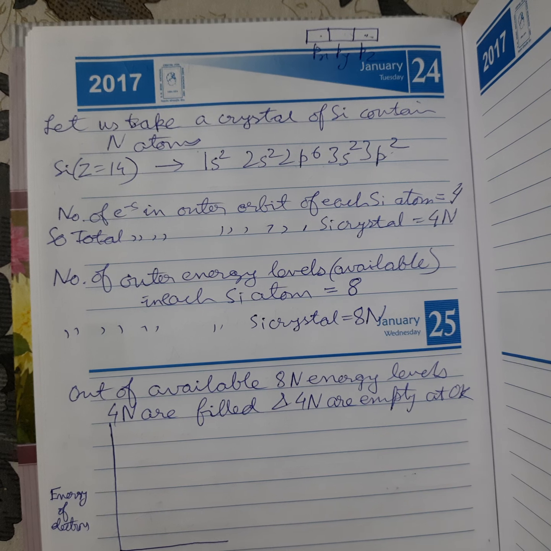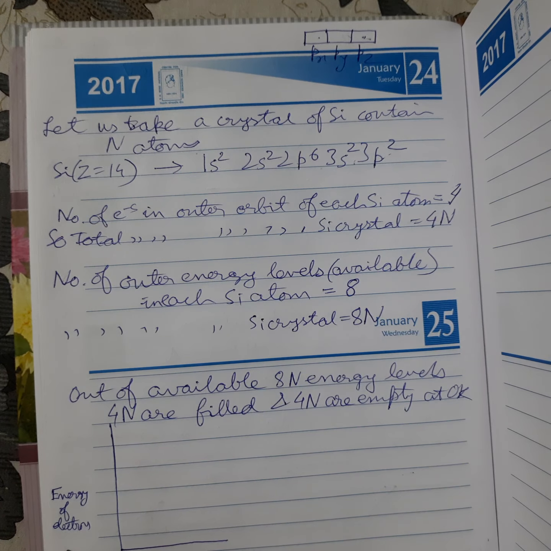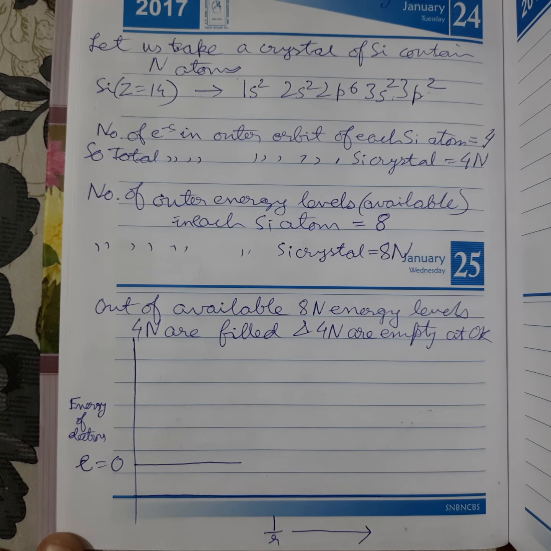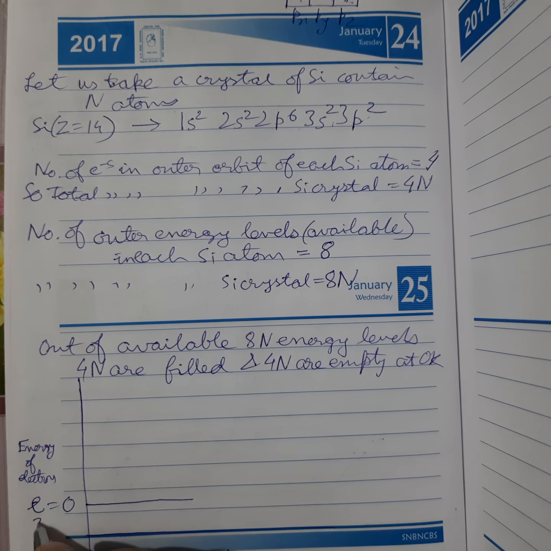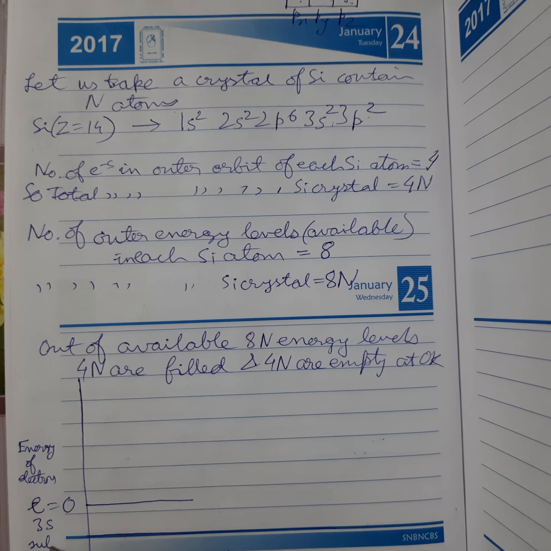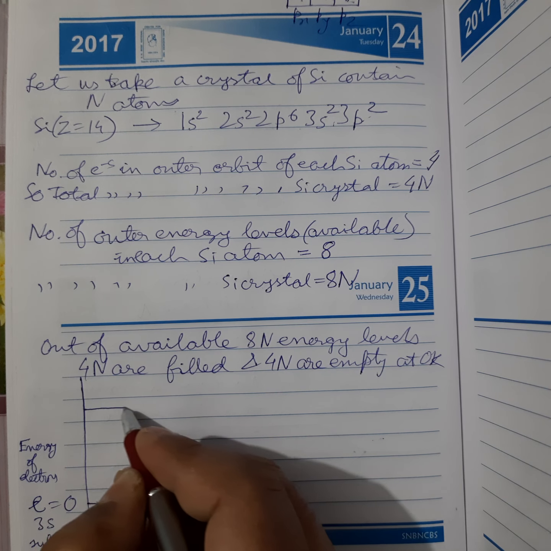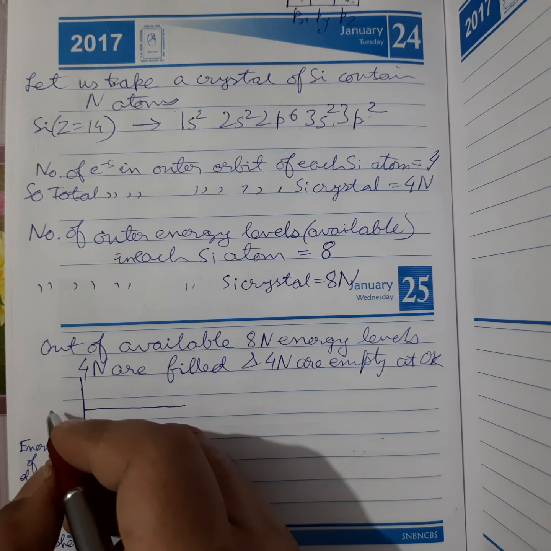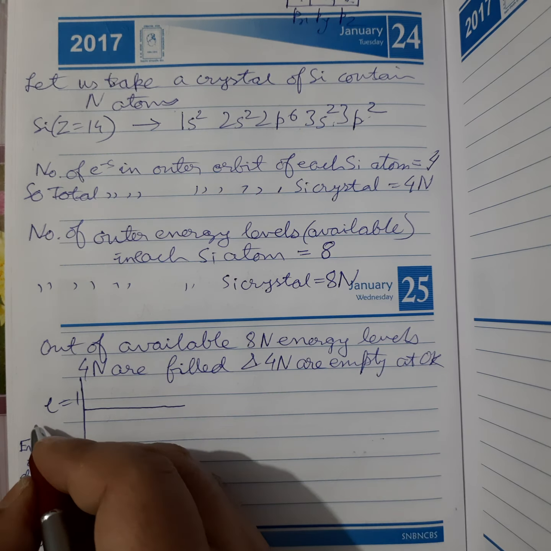Now this will be which shell? The 3s shell, that is L is equal to 0 for S, and this is the 3s subshell. And this is the energy level for L is equal to 1, that is P, the 3p subshell.